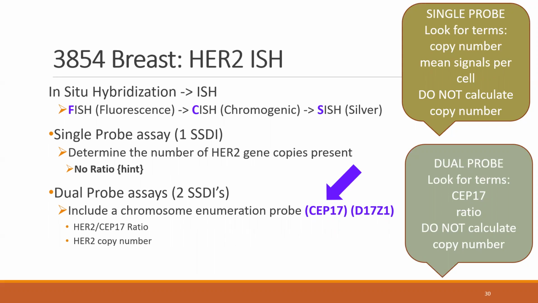So they're going to do a HER2 probe and a control probe, often the CEP17 probe. Then they're going to come up with a ratio. Again, you want to look for the HER2 copy number, but we're not going to calculate a copy number. They should give that to you.